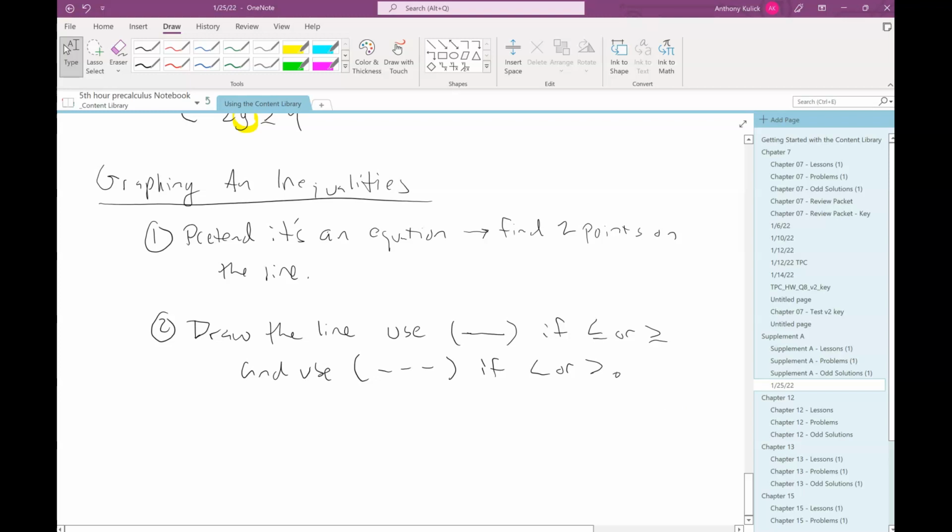We'd use a solid line if it's an or equal to inequality, and we'd use a dashed line if it's a strict inequality.